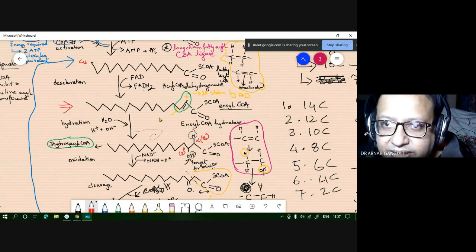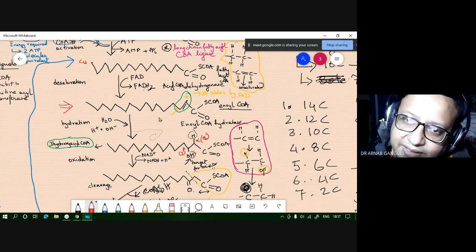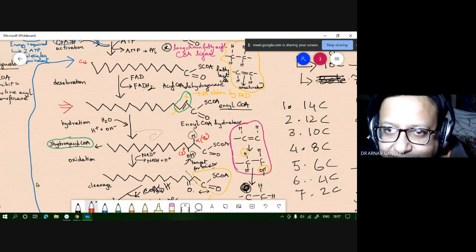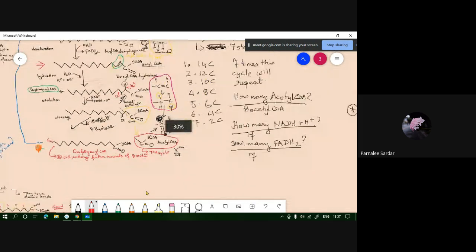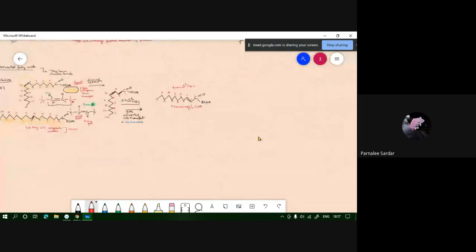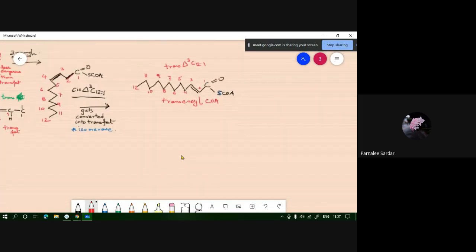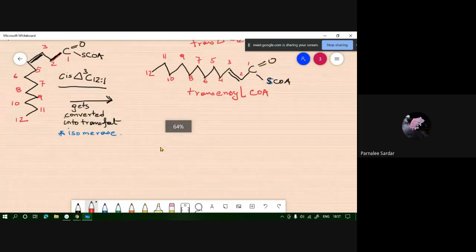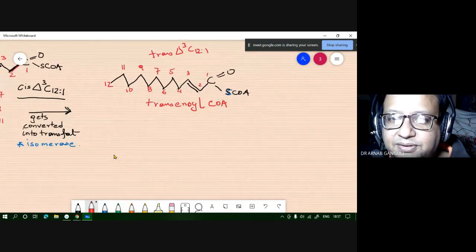From 2, there is something like this over here. You see the same structure over here, isn't it? Yes, sir. So this structure you are seeing now.